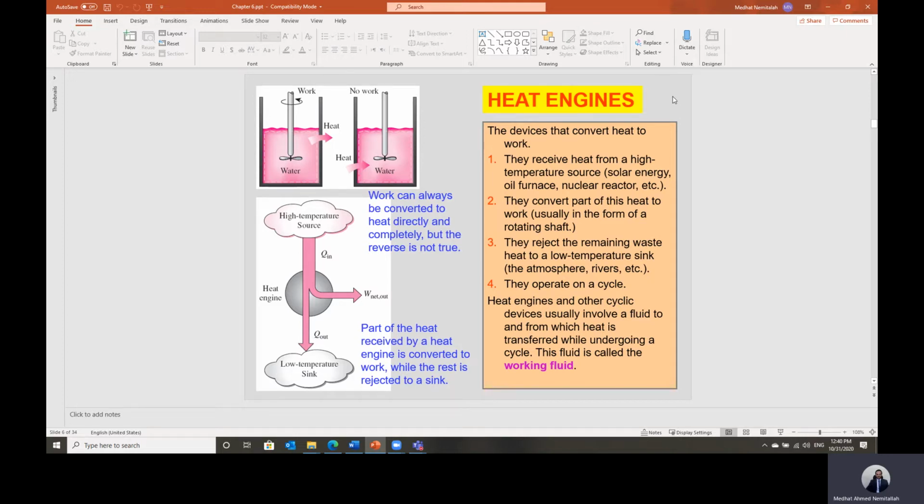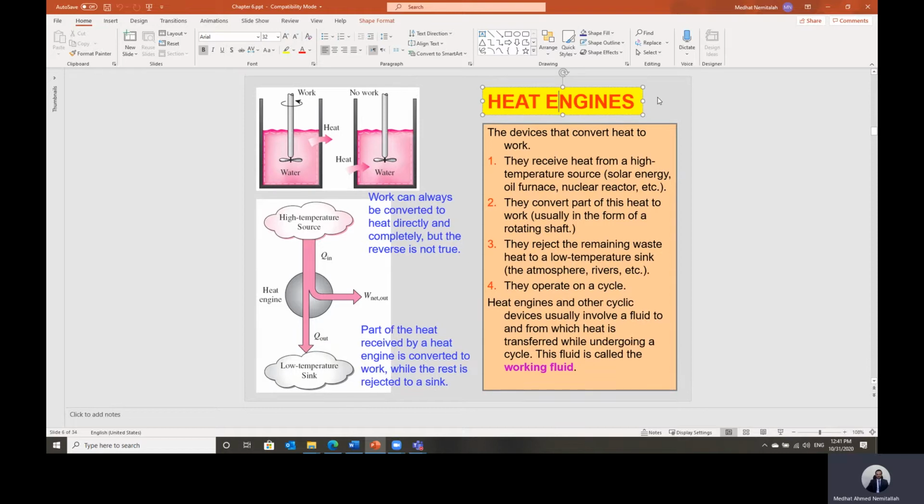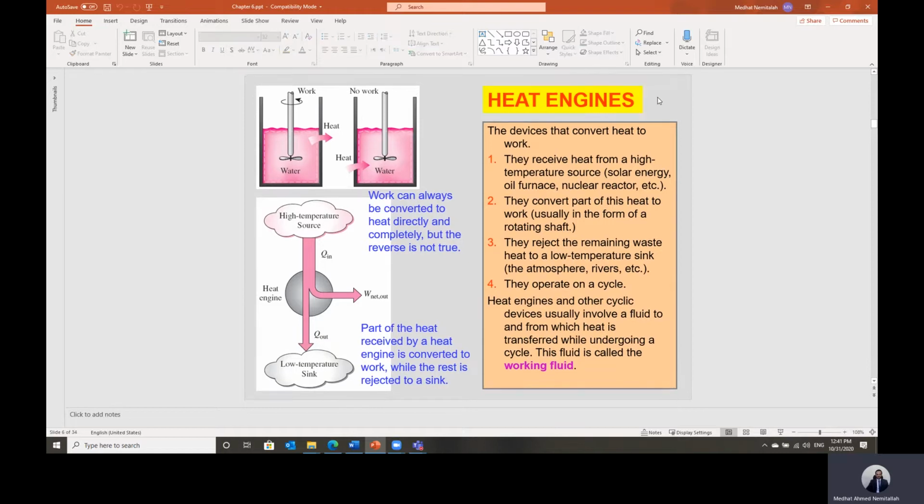But both heat engines and refrigeration, air conditioning, and heat pump cycles are working on a cycle to generate continuous work in the case of a heat engine, and also to absorb or reject heat continuously in a refrigeration or heat pump system. So the system has to work on a cycle.